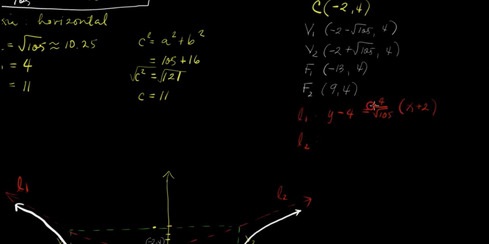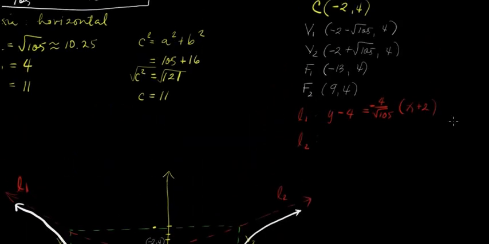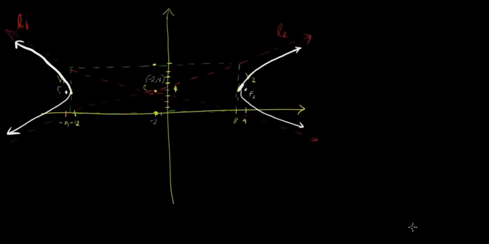Sige, line number 1, negative yon. So, negative kasi line number 1 natin, ito yung graph ng line number 1. So, negative yung slope. Line number 2, siya yung positive yung slope. So, y minus 4 equals positive 4 over square root of 105 times x plus 2. Now, it depends on you if you still want to rationalize this and transform the equation into slope-intercept form and whatever form that you want. And that's it.